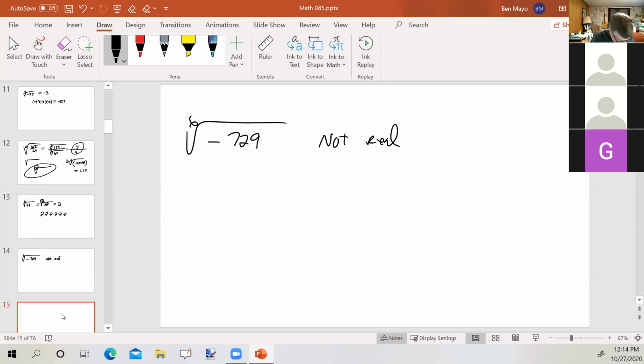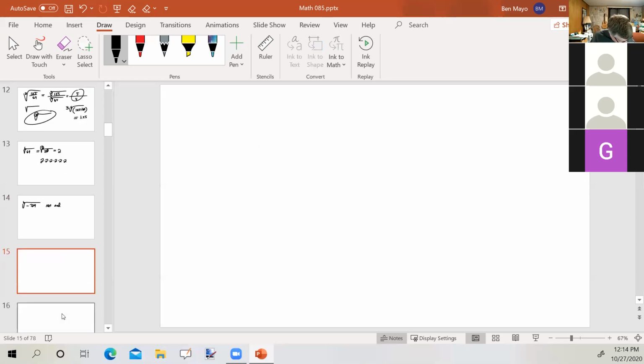All right, how about this? The directions say, assume all variables are unrestricted. So t could be positive or negative or 0. What's the 8th root of t to the 8th?